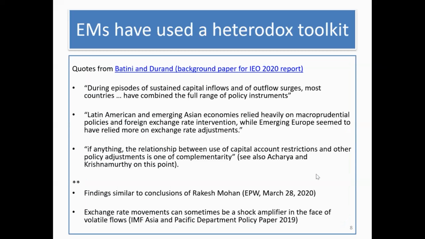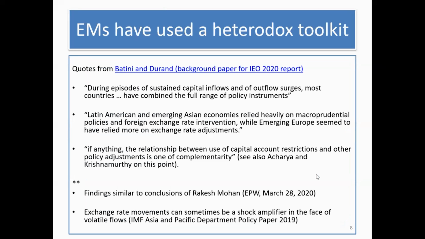And we found results that were similar to what Poonam showed, the Gupta and Masetti paper. What we found is that countries typically have used a combination of instruments. They have also used generally the full range of policy instruments. So it's not as though a country has said, I'm going to intervene and do nothing else.